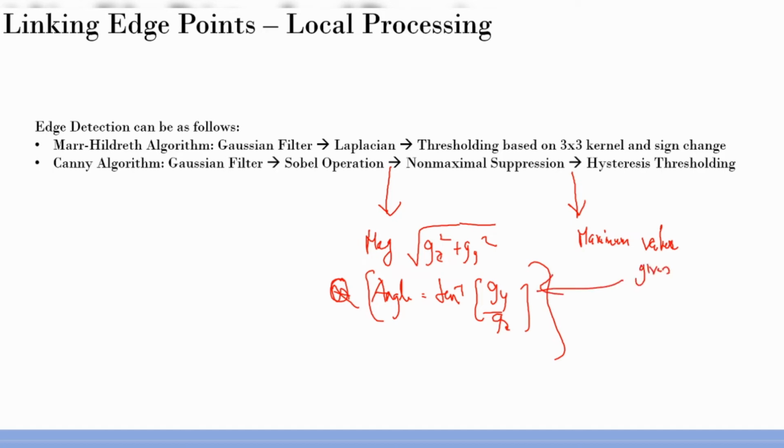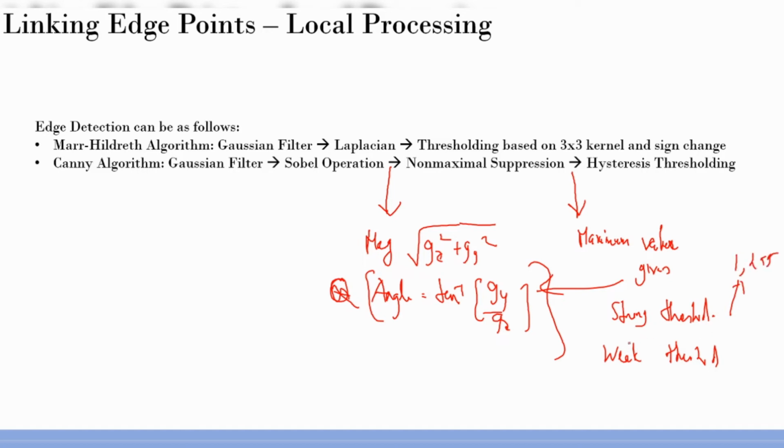Okay, and then you do this concept of hysteresis thresholding where you choose two thresholds, not one threshold. Basically there is a weak threshold and there is a strong threshold. Anything above the strong threshold is given the value of 1 or 255.